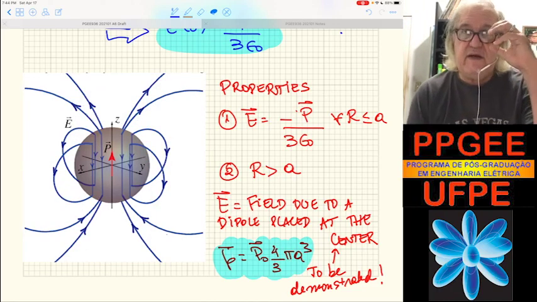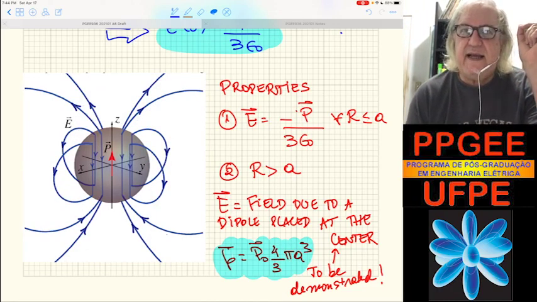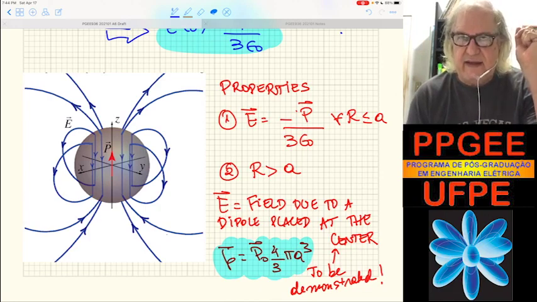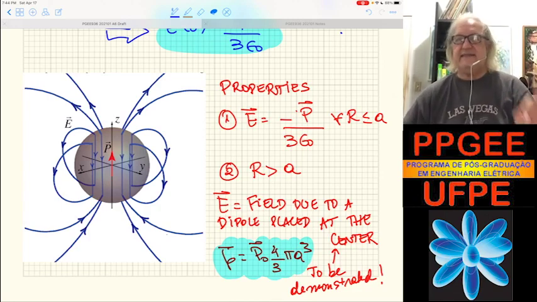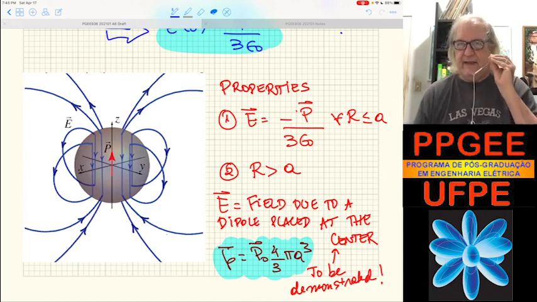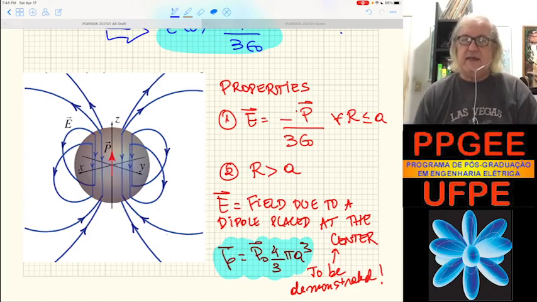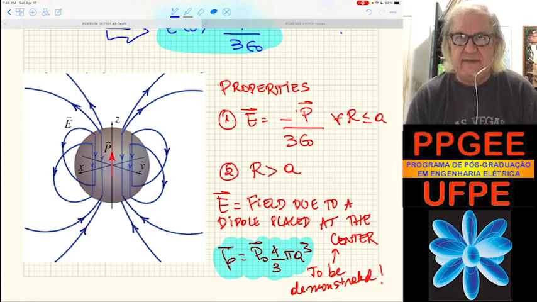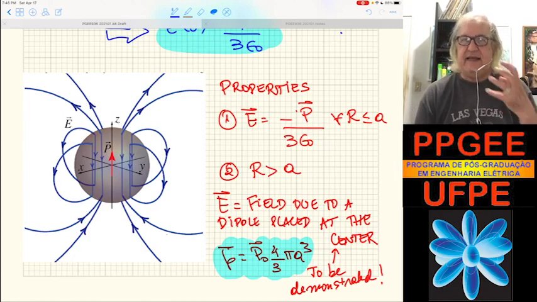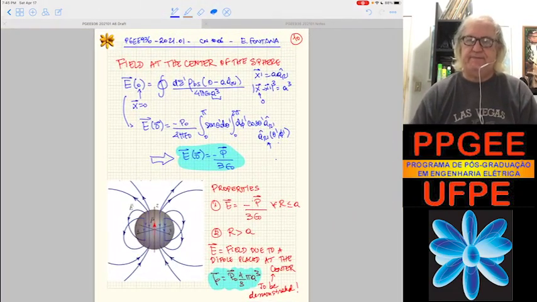So a sphere is an exact model of a point dipole. The sphere gives exactly the coordinate dependence of the electric field of a localized dipole. It's a good model, right? The exact model of that.